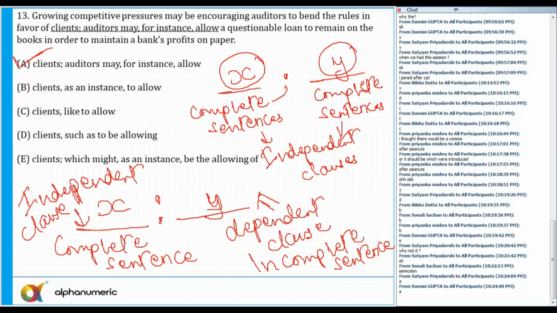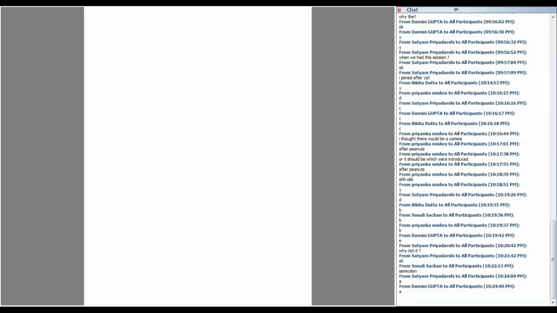So now the question is, why do we use a colon? We generally use a colon when we want to give examples, when there is a list that we want to talk about.